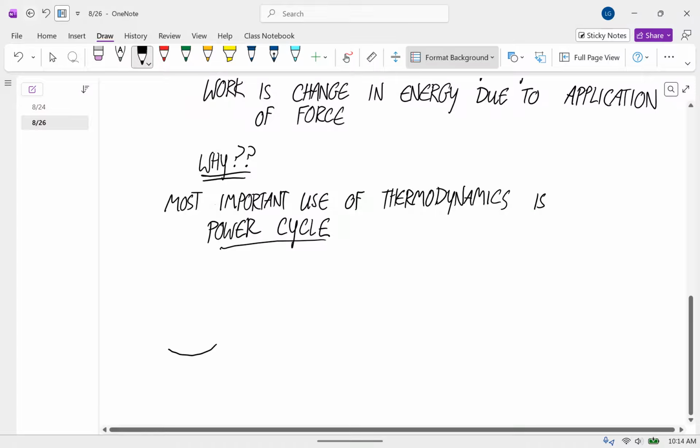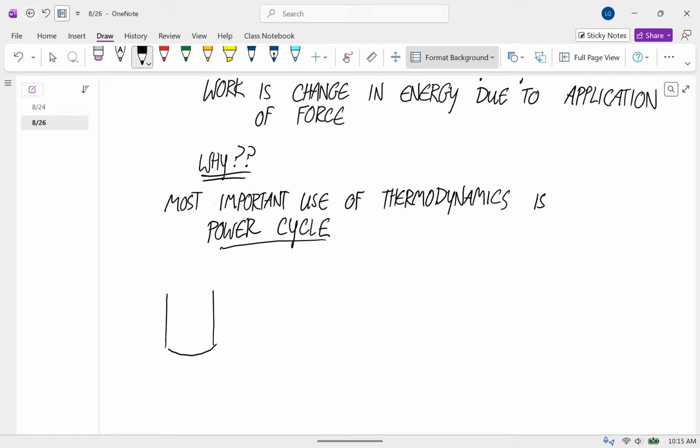So let's represent a power cycle as a cylinder and a piston. And a lot of times in this class, we're going to simplify general things into cylinders and pistons. So let's say that we have the gas here, enclosed by the piston.